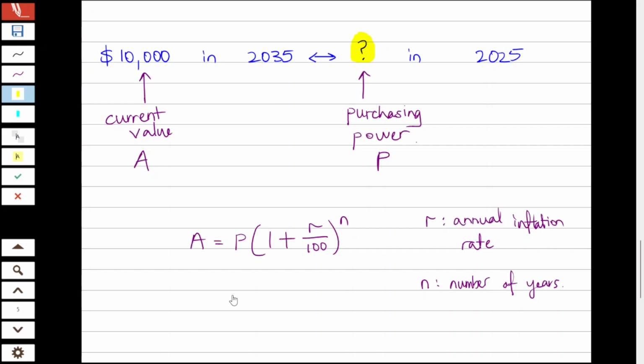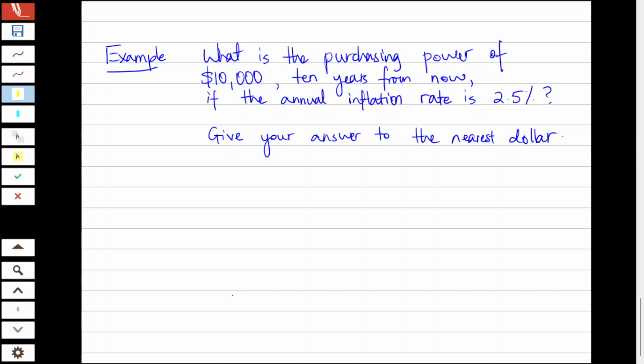So we'll finish with this example. It's the same question, just worded differently. I'm going to have to assume that there's some inflation, and I'm going to just guess that it's 2.5%. I'm going to assume that I have $10,000 and I want to find the purchasing power 10 years from now.